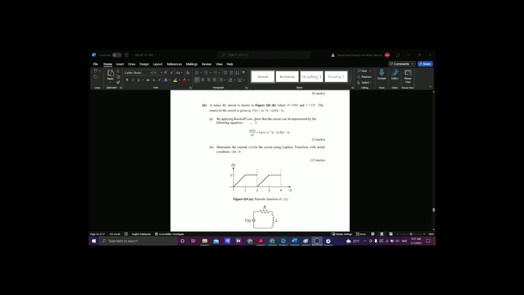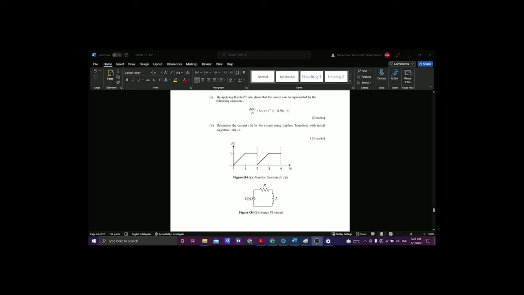By applying Kirchhoff's law, show that the circuit can be represented by the following equation. di(t) over dt plus 5i(t) equals exponential negative (t minus 1) h(t minus 1). And next one is to determine the current i(t) for the circuit using Laplace transform with initial condition i(0) equals 0.